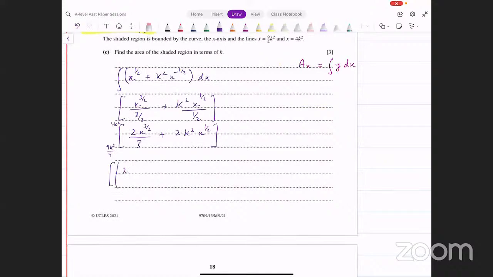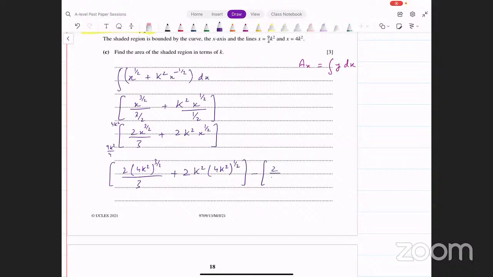उससे देखें क्या होता है. 2 into 4k square whole raised to power 3/2 divided by 3 plus 2k square into 4k square whole raised to power 1/2. That's the first thing. Upper limit. Lower limit input कर दें.